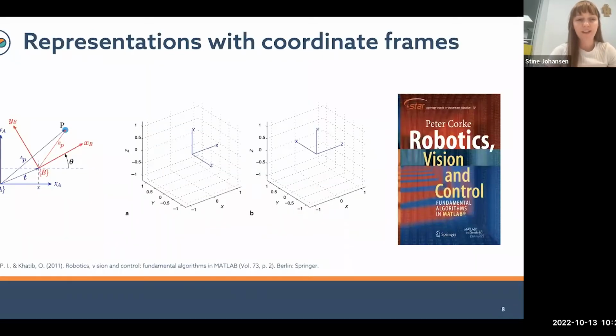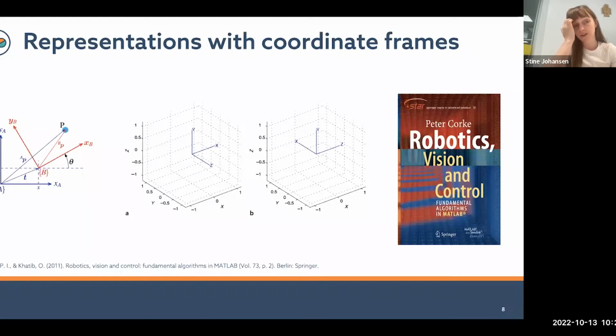But of course, there are already methods and tools that are very useful for describing how a robot could move. One area of this is published by this book by Peter Corke, which I'm guessing that most of you are probably familiar with. And that describes the use of coordinate frames as a tool for describing movement.